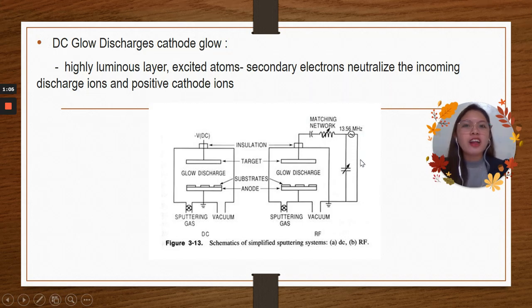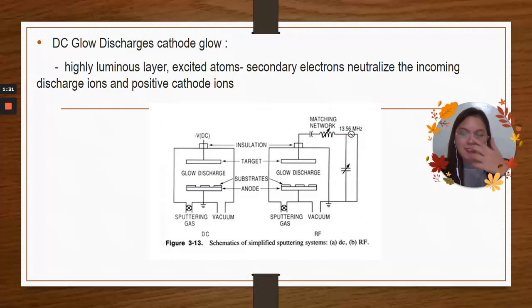As additional information, the glow discharge regime owes its name to the fact that the plasma is luminous. When we say luminous, that means it is bright or shining, full of shedding light, especially in the darkness.